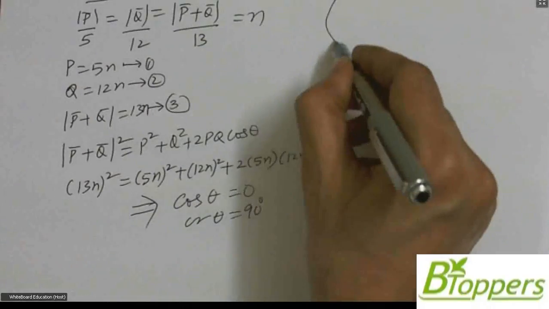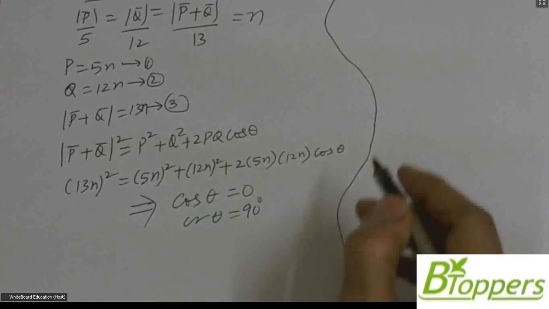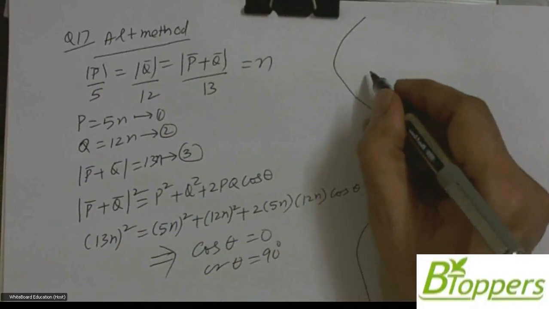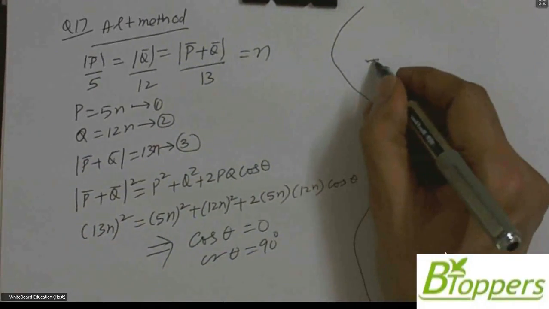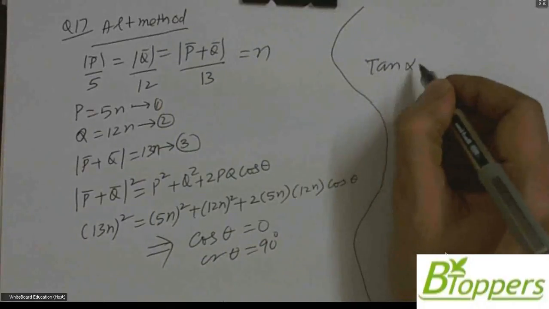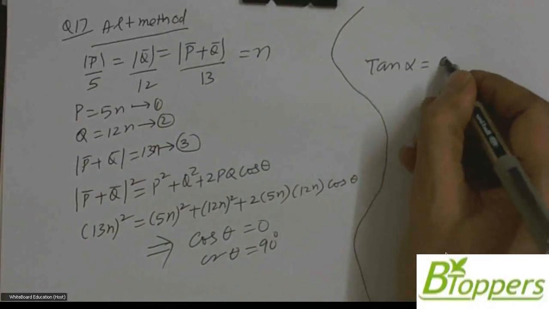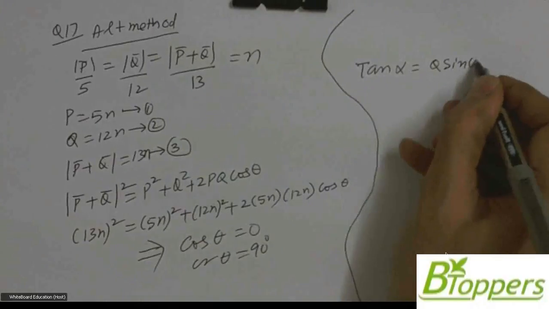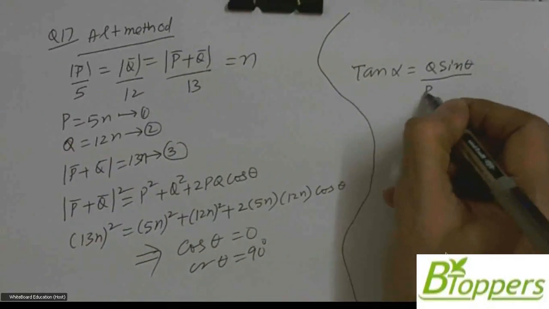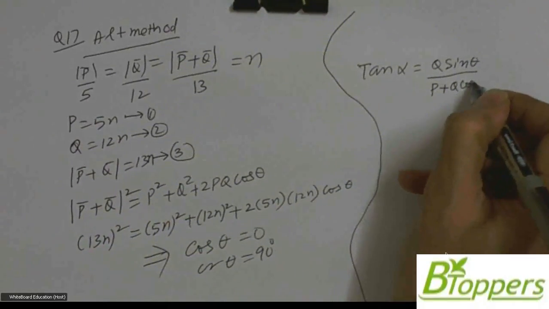So using the expression for direction of the resultant, you can write tan alpha equal to q sin theta by p plus q cos theta.